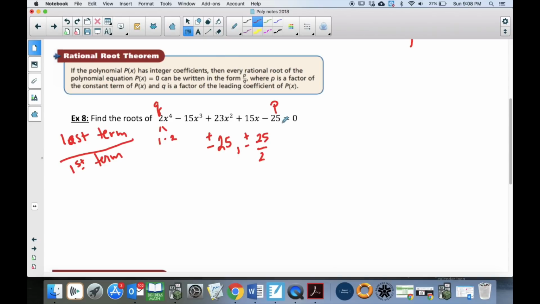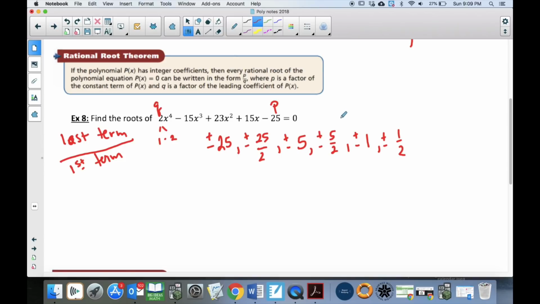But the factors of 25 are 25 or 5, so it could be 5/1, or it could be 5/2. 1 is also a factor of 25, so it could be plus and minus 1/1 or plus and minus 1/2. All of those numbers are the possible roots of this polynomial.